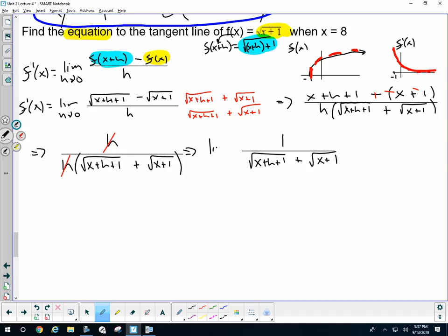Now, we got rid of that h in the denominator, which is really the key. It will now enable me to plug in 0 for h. Once I do that, I get 1 over root x plus 1 plus root x plus 1. Adding two of the same things together, I can write it as 1 over 2 root x plus 1. And that, my friends, is f prime of x.